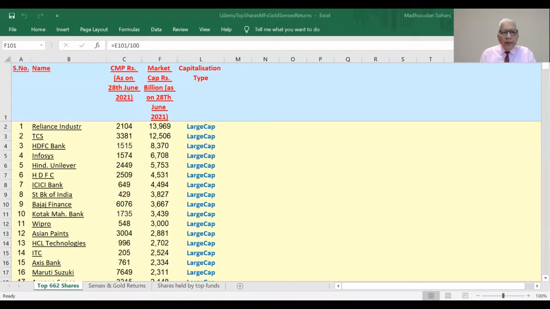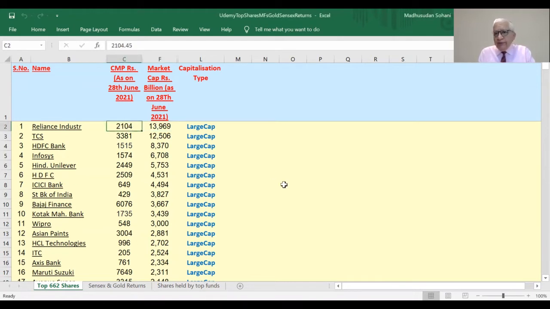Fine. Now, there are several shares in the stock market. Out of these, let's analyze the top 600 odd shares, 600 or 660 shares in terms of market capitalization. In the sense, what is the total market value of all the shares issued by the company? What is today's price?